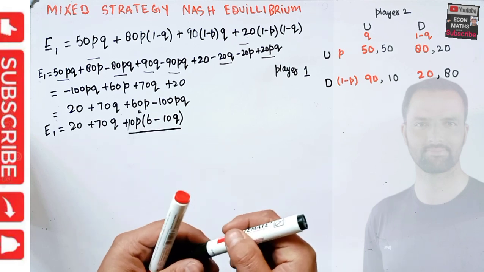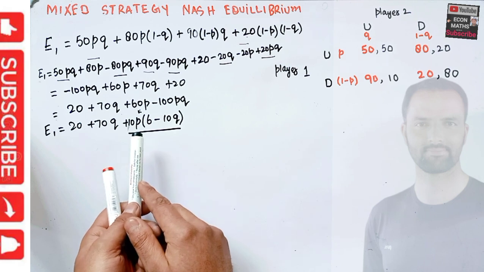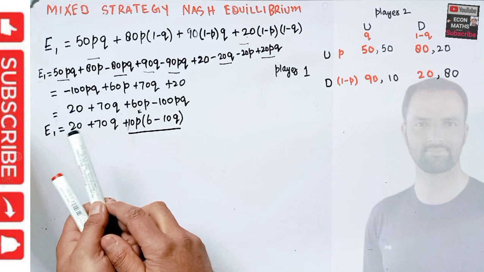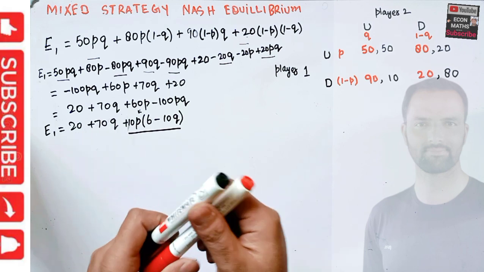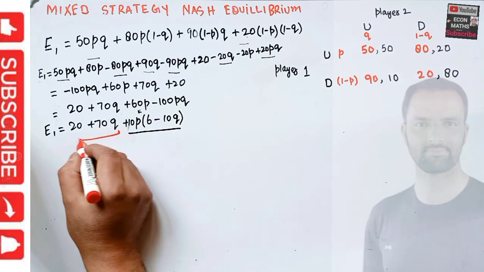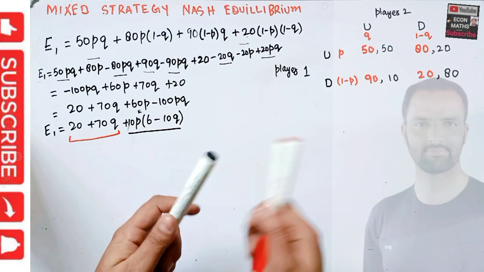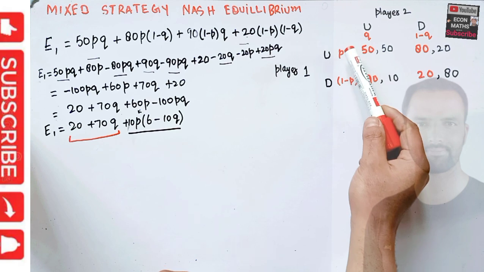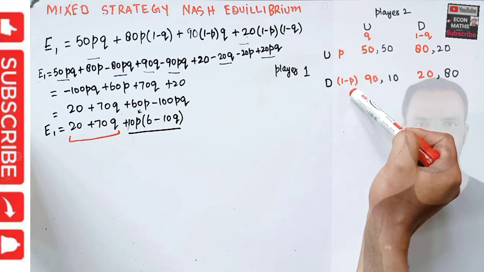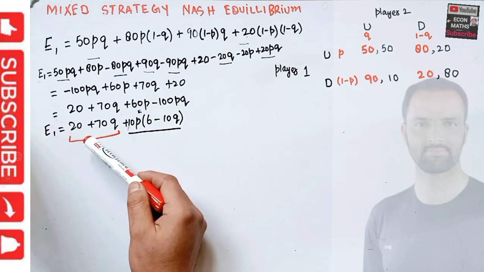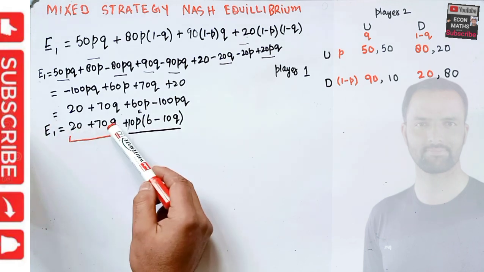So he will choose this probability p such that the total expected payoff is maximized. If we look at this expression of E1, the expected payoff for player 1, he can do nothing about the first two terms. Why? Because in the first two terms there is no choice variable of player 1, since we have q here.